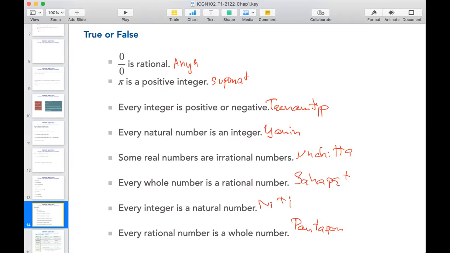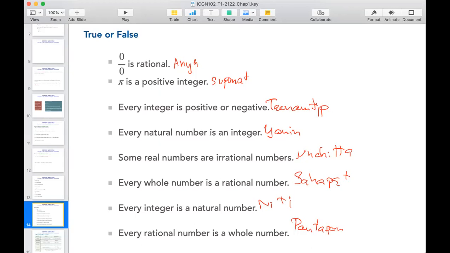So Anya, what is your answer? Is 0 over 0 rational? Yes. Why is that? You're not sure? Because it can be in the form of an integer divided by an integer, right?